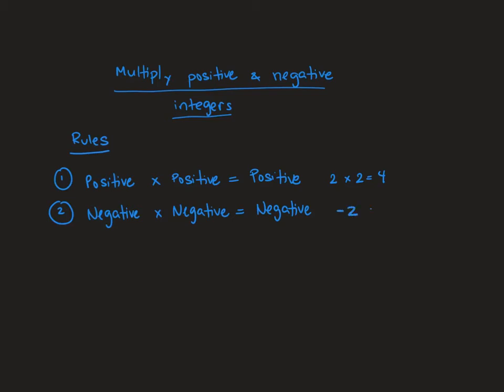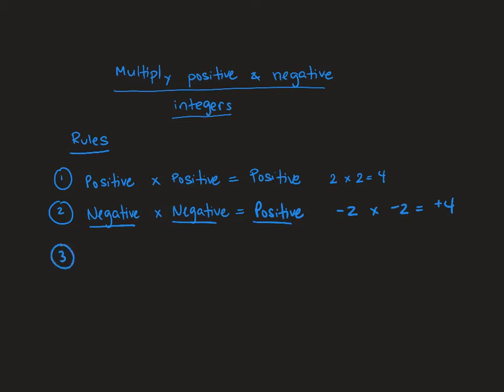Negative 2 times negative 2 equals, oops, I made a mistake already. Forgive me. A negative times a negative equals a positive. Mr. C, focus. A negative times a negative number equals a positive number. So negative 2 times negative 2 equals positive 4. I hope I didn't confuse you guys too much there.